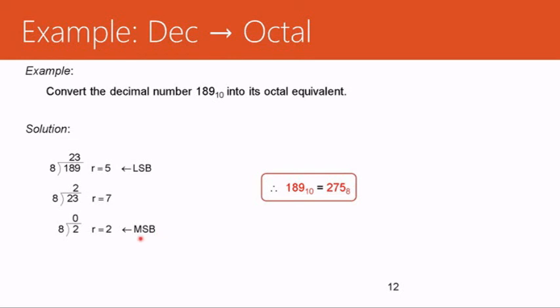So this will be written first, followed by 7, and 5 to be the last digit. So we have 2, 7, 5. Therefore, 189 base 10 is equal to 275 base 8.